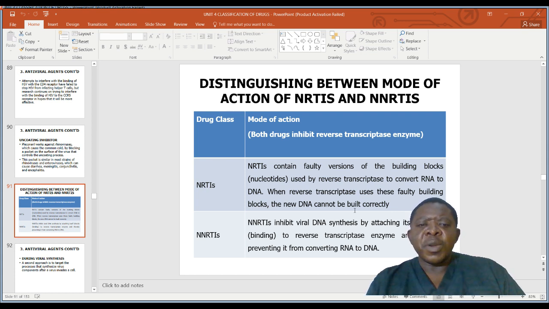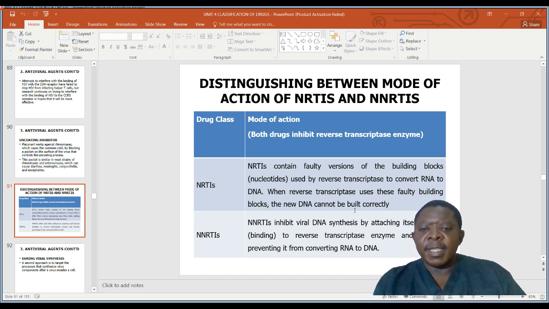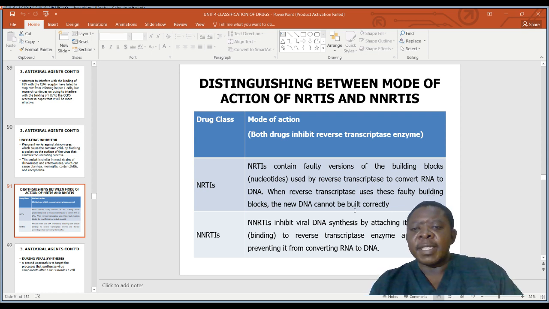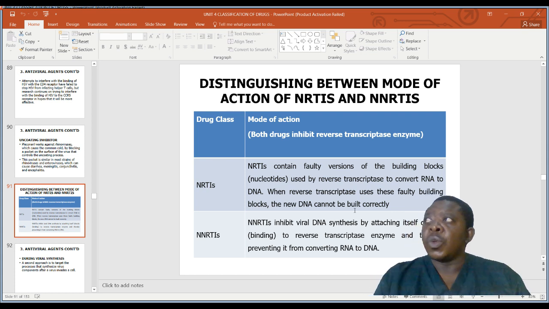Then when you use a non-nucleoside reverse transcriptase inhibitor, this inhibits viral DNA synthesis by binding directly to the reverse transcriptase enzyme, thereby preventing it from converting RNA to DNA.